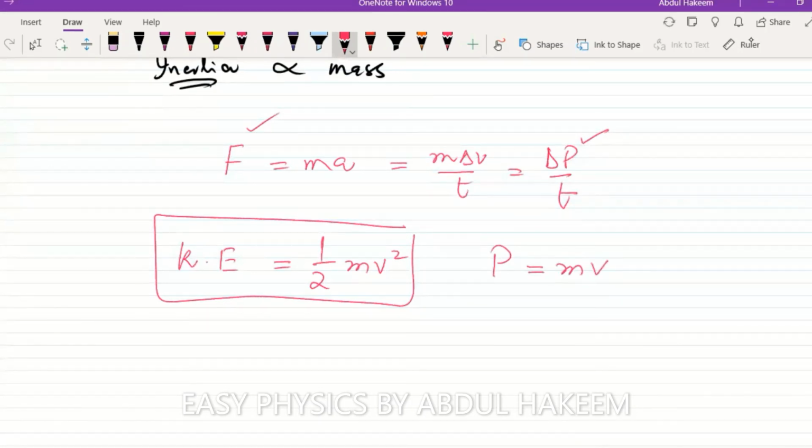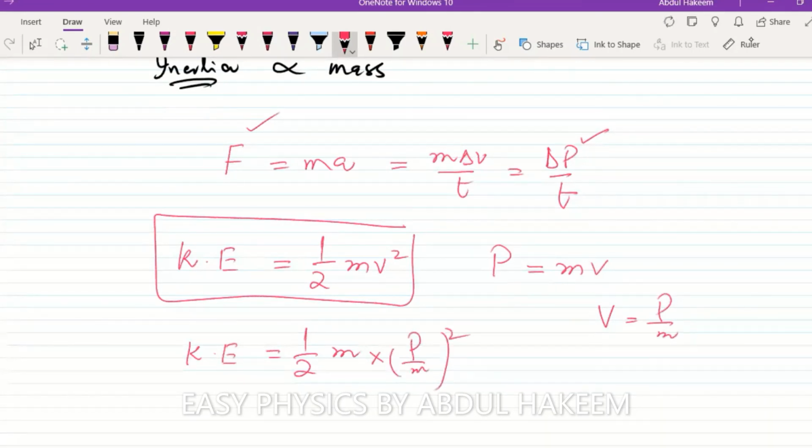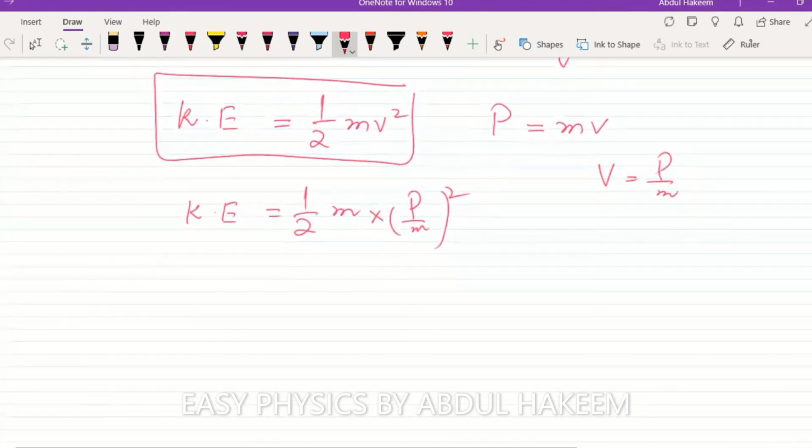So we can write kinetic energy is equal to 1 by 2m times velocity squared. From this, V is equal to P divided by m. So instead of V, we will write P by m, momentum divided by mass, whole squared.